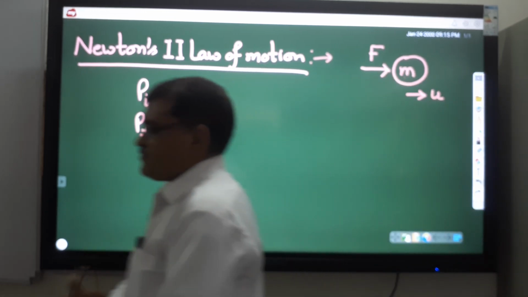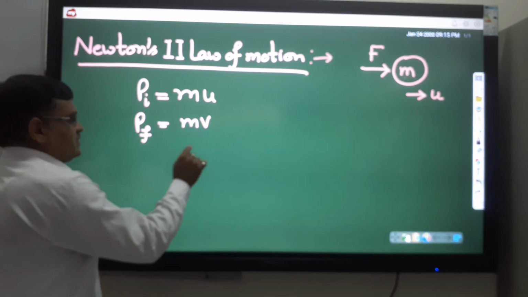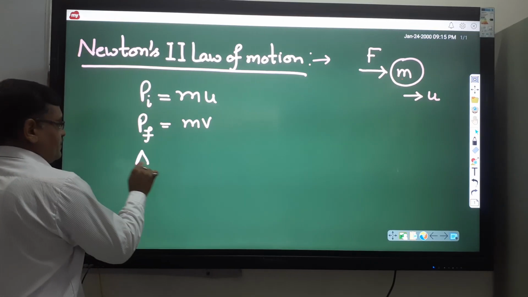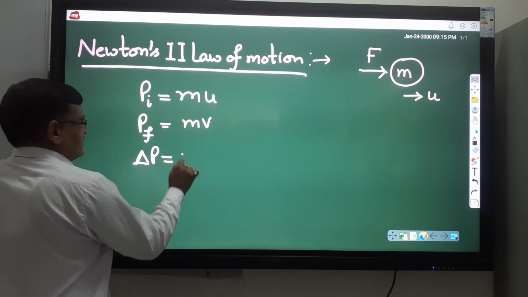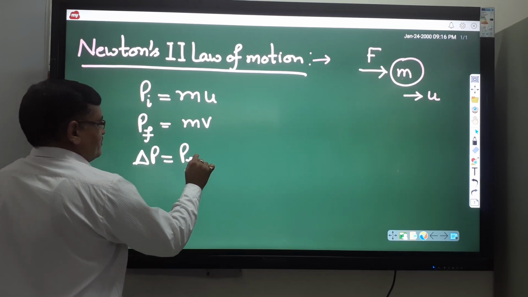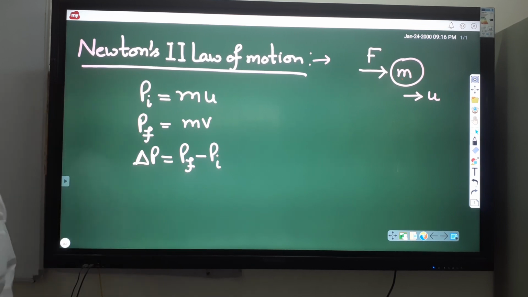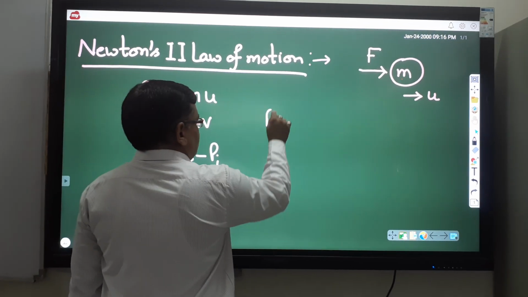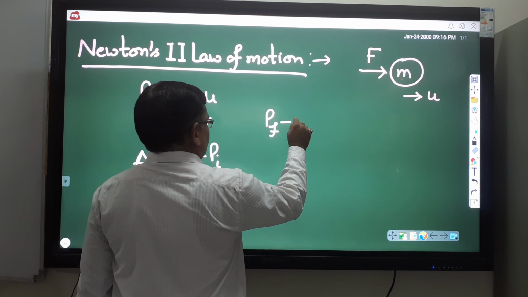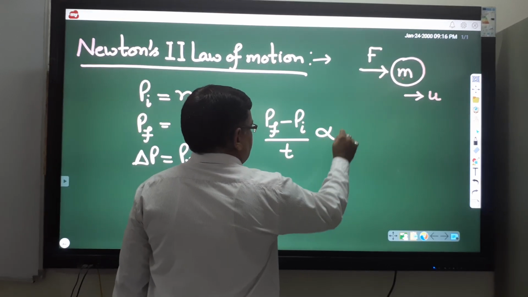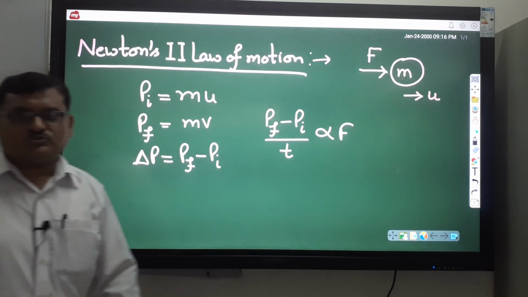So, let us see according to the formula, the change in momentum, delta p, can be written as final momentum minus initial momentum. Now, our law is: change in momentum divided by time is directly proportional to applied force.